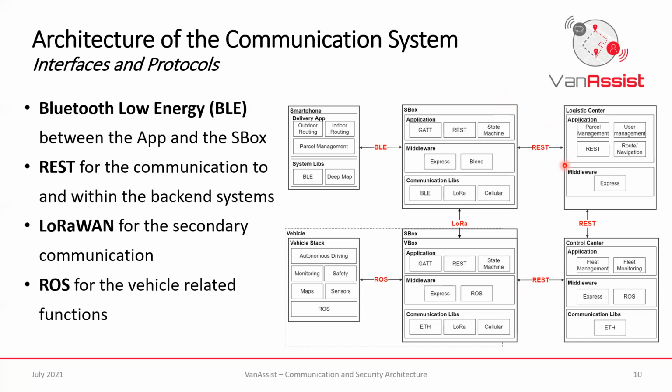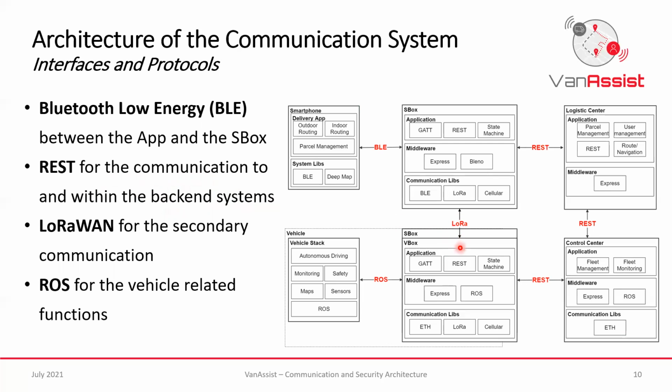REST is based on 4 basic HTTP commands: put, post, get, and delete. We use these 4 requests to send data, send an update, or send some commands. So REST is used for communication within the backend system.